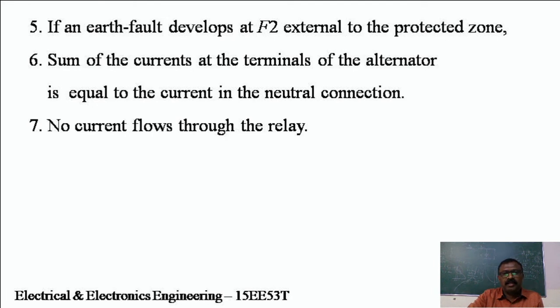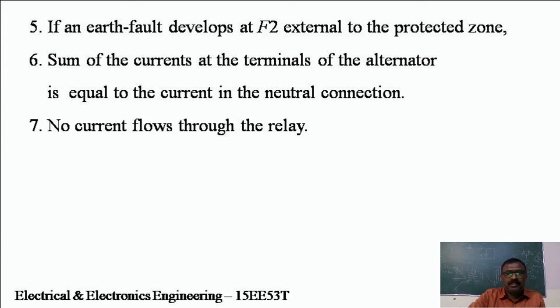Okay, so as I already said, we have taken two faults, one F1, another is F2. F1 is within the protected zone, in between the two CTs on either side of the stator winding, and another fault is F2.